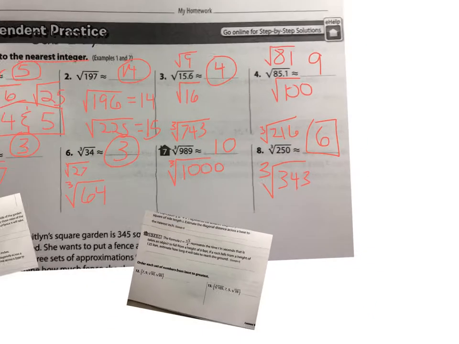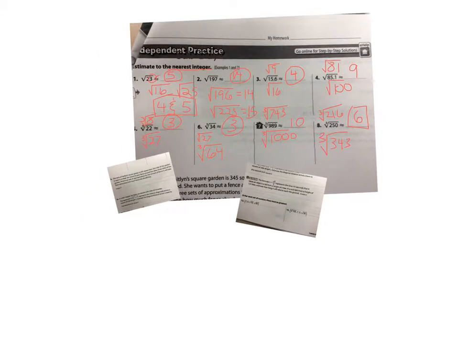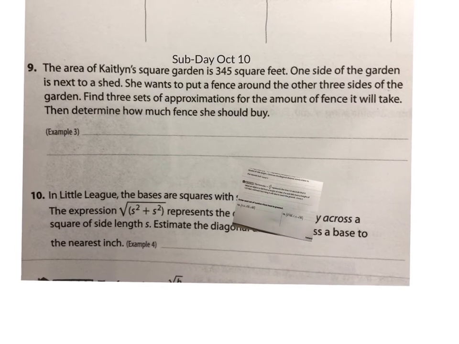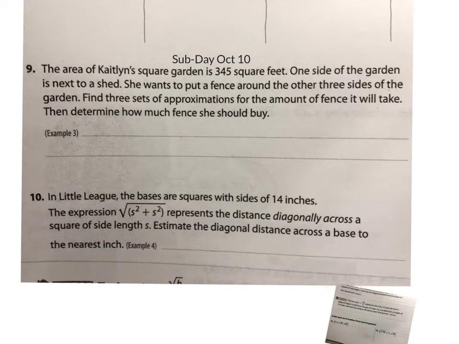All right, moving on to some of these word problems. Number 9. Okay, says we've got a square garden, 345 square feet, so it's giving us the area. It's probably going to ask what one of the side lengths is. Let's see, one side of the garden is next to a shed.